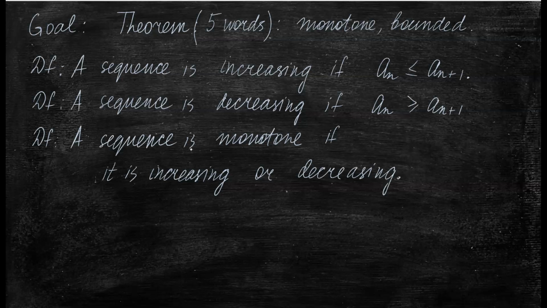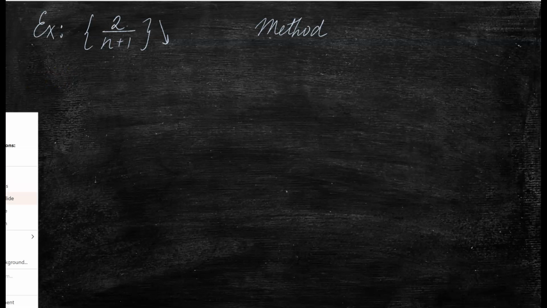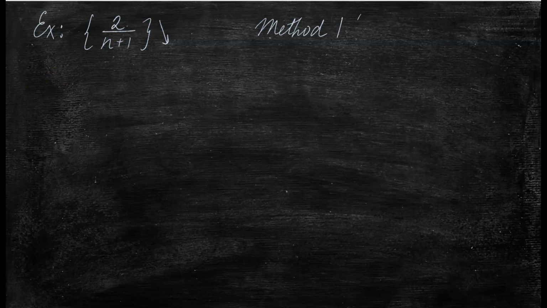All right, and let's do an example. In the first example, we just have to show that the following sequence is decreasing. And we're going to have 2 different methods. First we're going to do method 1, and I call it the algebra way.